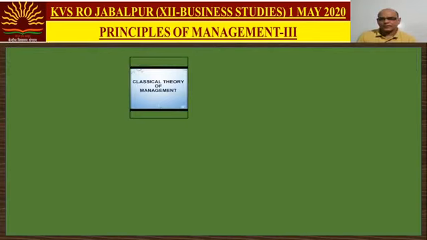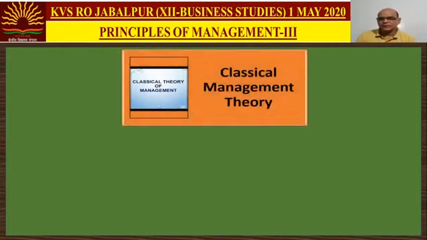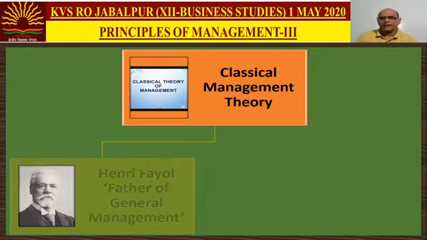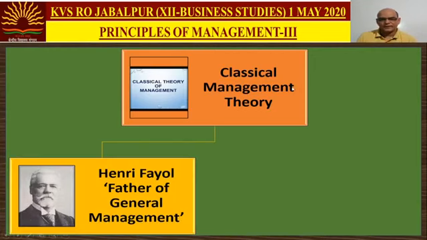Okay, so today we are going to start with the scientific management principles propounded by F.W. Taylor. And this was the basic concept. In class 12th business studies, we are supposed to read the classical management theory, which includes the 14 principles propounded by Henry Fayol, who is known as the father of general and administrative management.